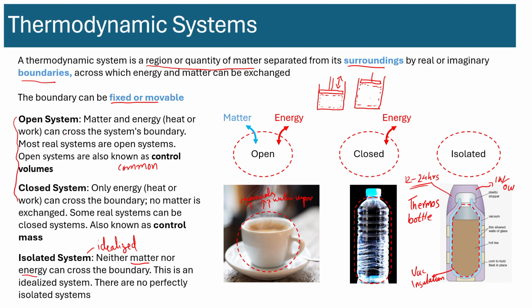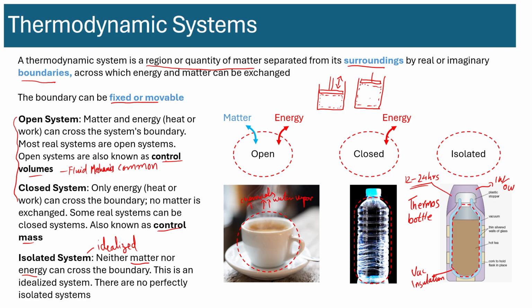And sometimes the open system is also called control volumes, especially in fluid mechanics. In thermodynamics, it's usually known as an open system, but in fluid mechanics, we mostly call it a control volume. Closed systems are also known as control mass. All right, so that's our first thermodynamic concept, the concept of having a system.